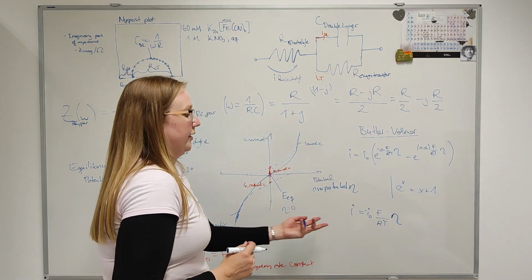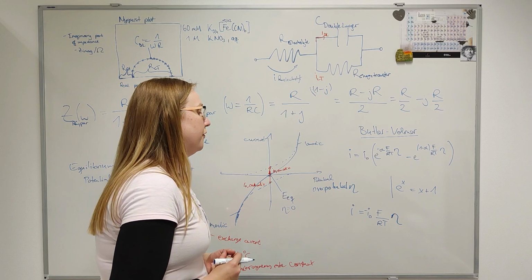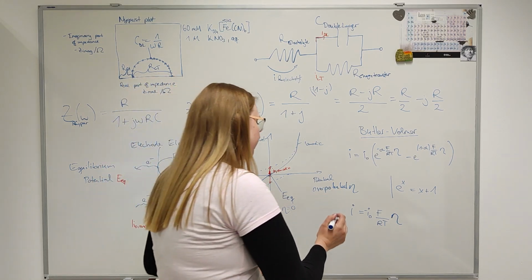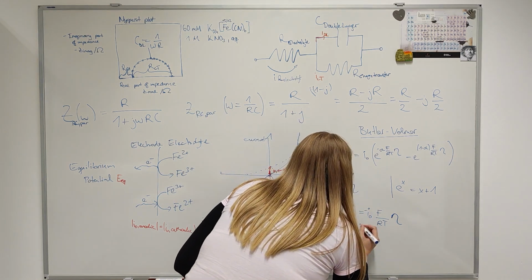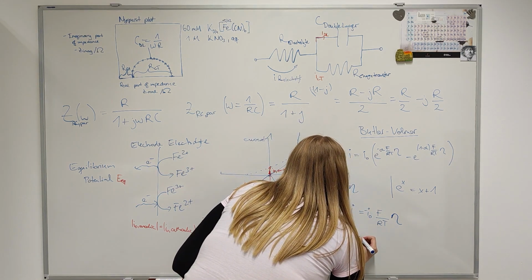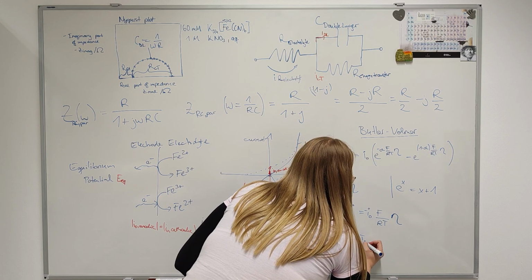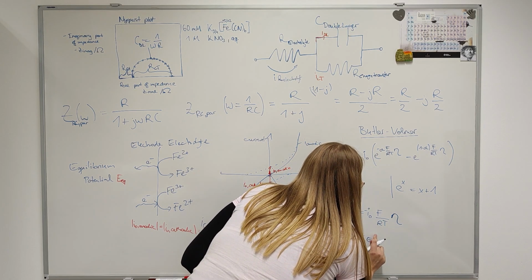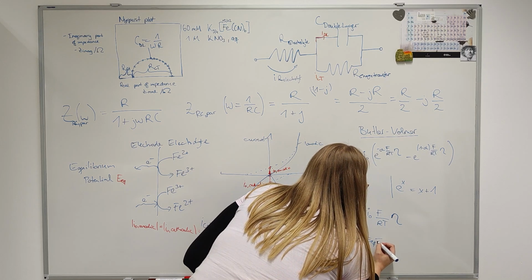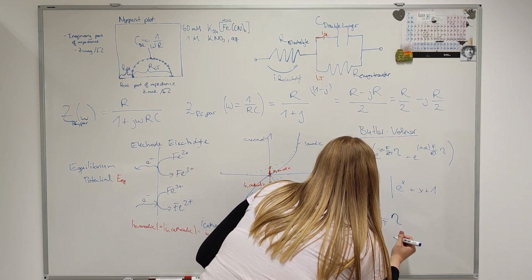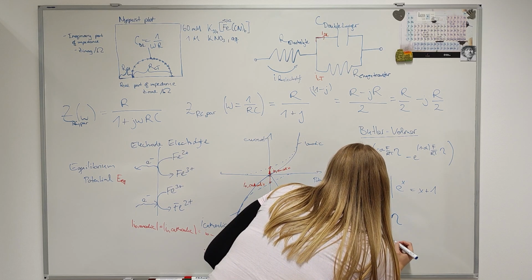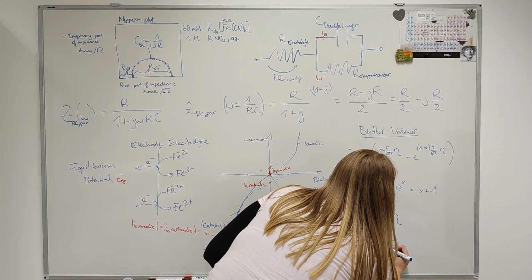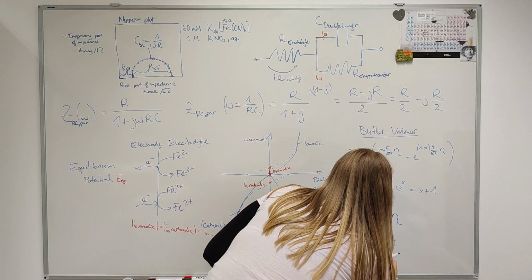And now I can actually simply derive an expression which has the dimension of a resistance by rearranging the term. So I have my charge transfer resistance for the equilibrium potential, which I define now as the negative of the overpotential to the current.